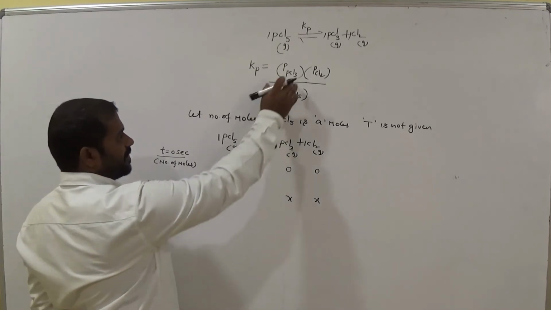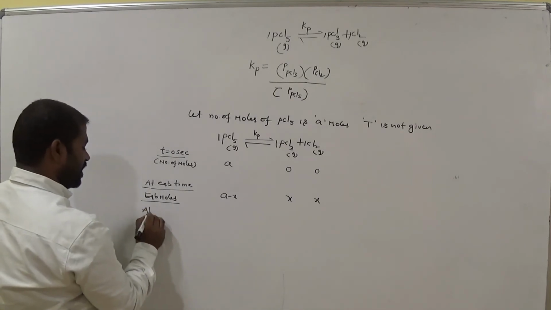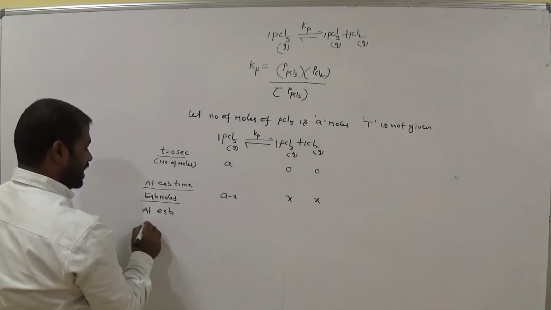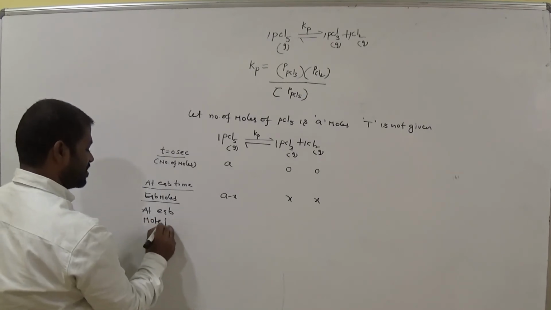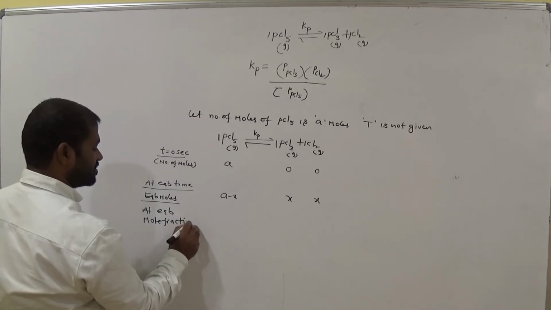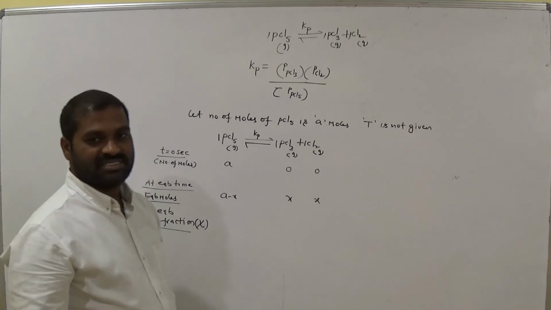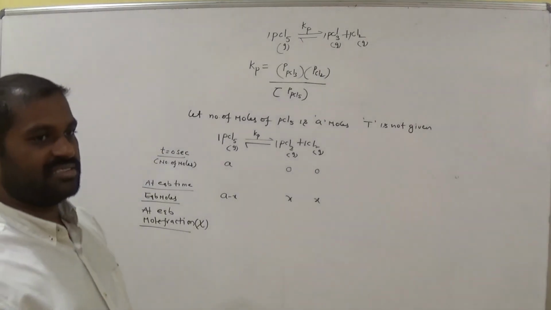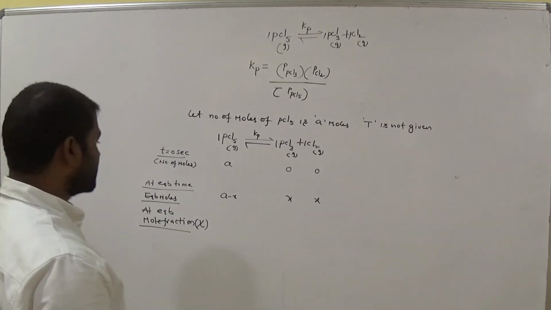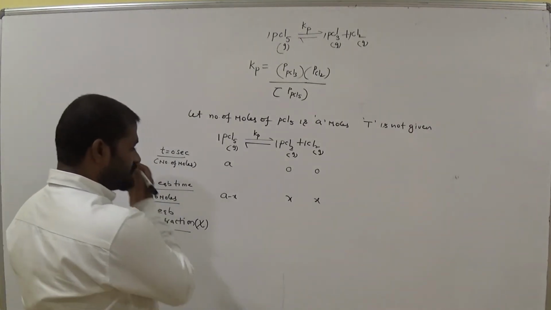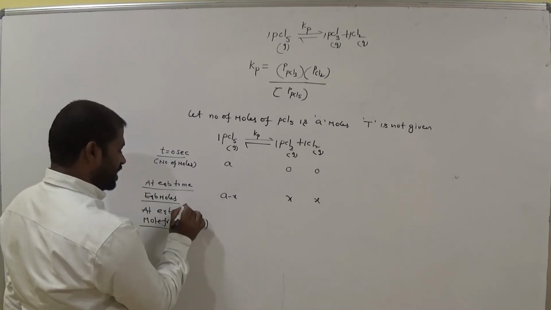Here we need partial pressure terms, you know. So now at equilibrium, mole fractions, it is represented with chi, denoted like x. Mole fractions. Now how do we get mole fractions? What are the total moles at equilibrium?